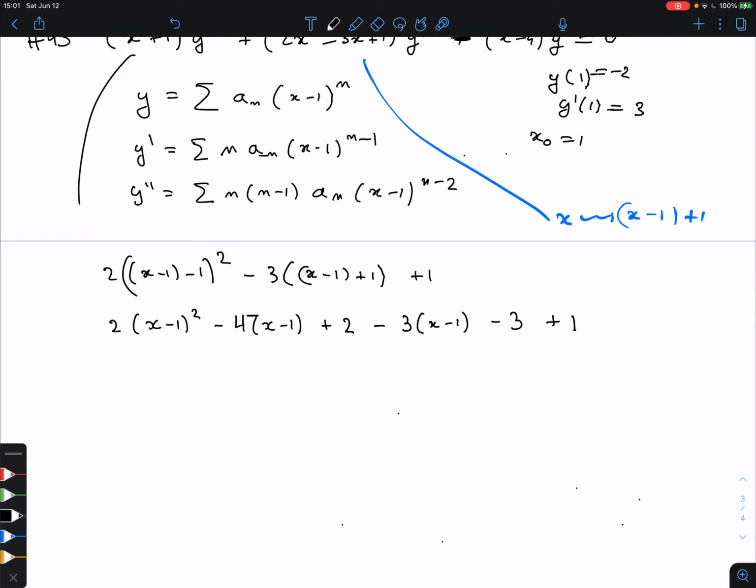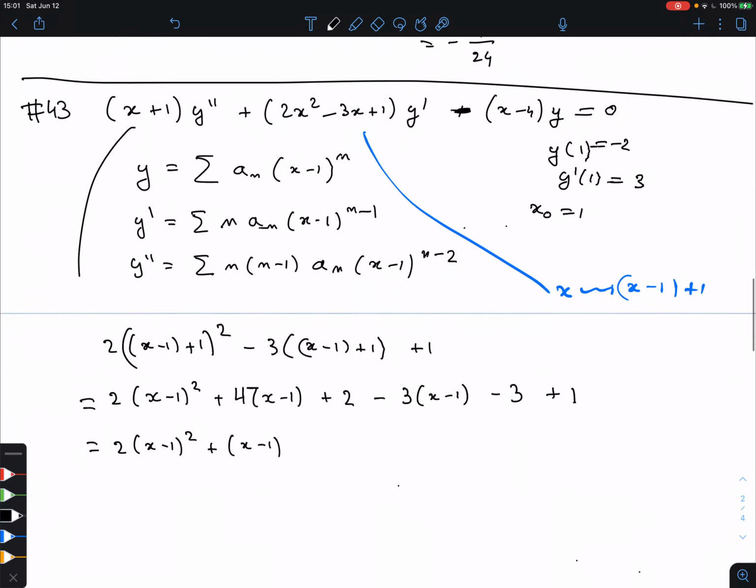And so this becomes 2 times (x minus 1) squared minus... oh, this is a plus 1 here. There's a plus 1, right? x minus 1 plus 1. I'm still stuck on that x plus 1 here. Okay, so this is a plus 4 times (x minus 1). Minus 3 times (x minus 1) altogether is an x minus 1, and then 2 minus 3 plus 1 is actually 0.